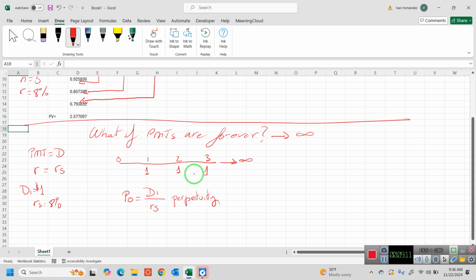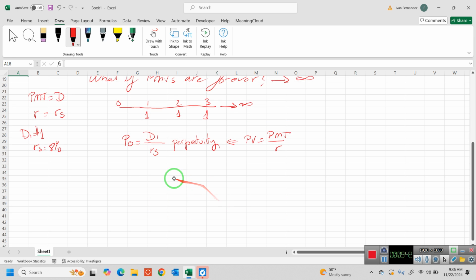You could actually write this as if you were just doing the time value of money. It will be the same as that. Okay, we're just going to call PV the present value. We're going to call it P0, the price today. Payments are now called D1, and the return is now called the required return on the stock.